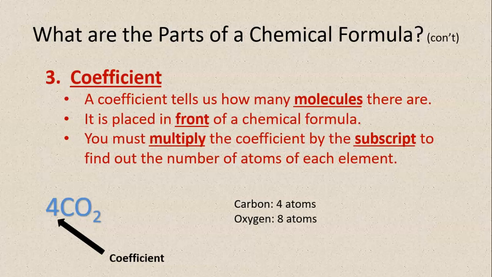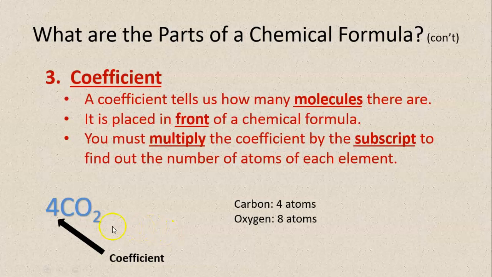So it's placed in front of the chemical formula. It's significantly larger than subscripts. And then you basically multiply the coefficient, that big number in the front, by the subscript, any small numbers that may be in there, if there are any, to find out the number of atoms for each element.